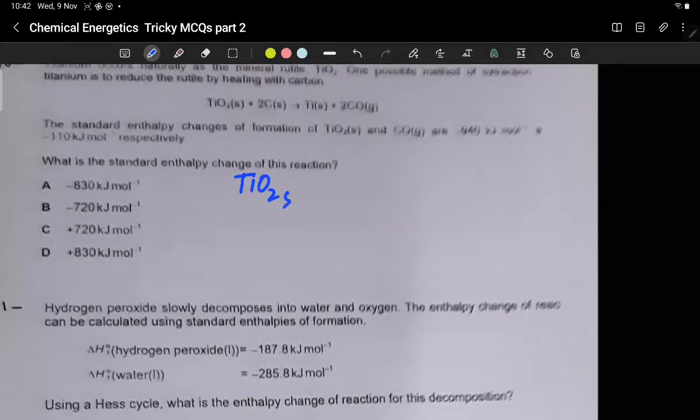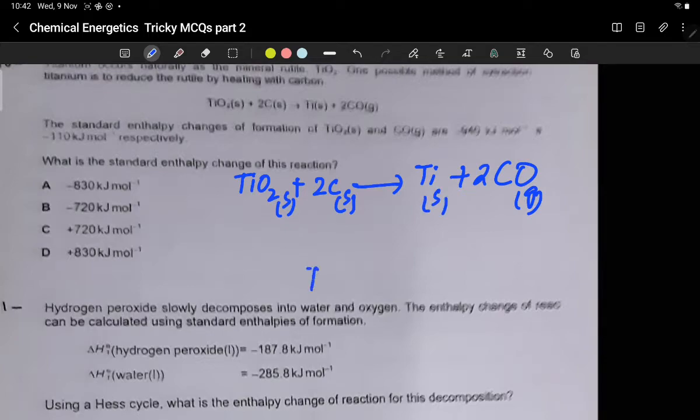TiO2 solid plus 2C solid to form Ti element plus oxygen plus carbon.